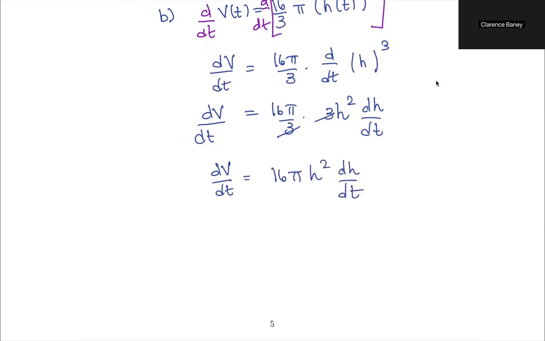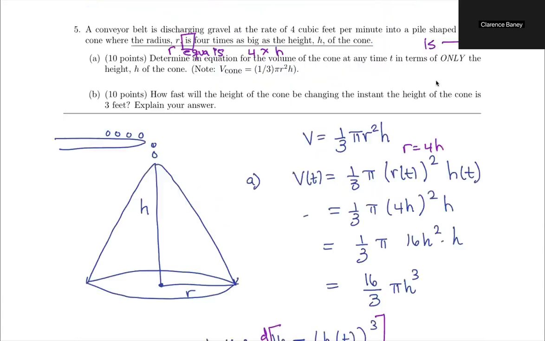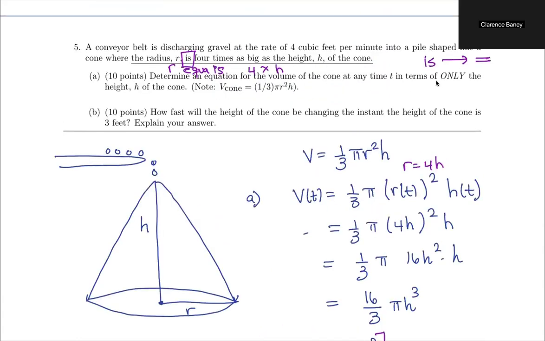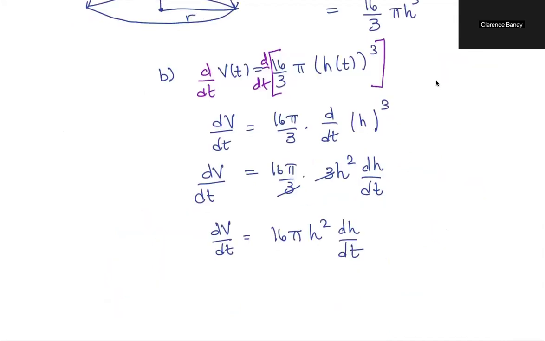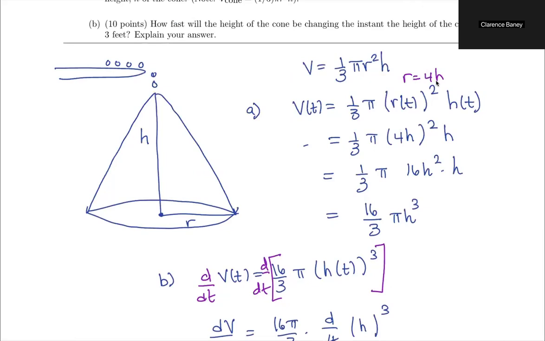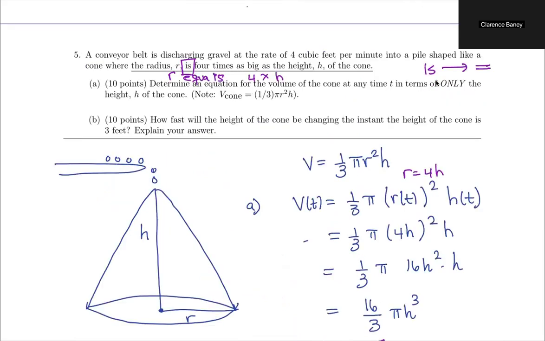And now we can go back and worry about what the things are. The question is asking how fast the height will be changing, and so that means dh/dt is the variable. The other information given to us is that the gravel is falling at a rate of 4 cubic feet per minute.